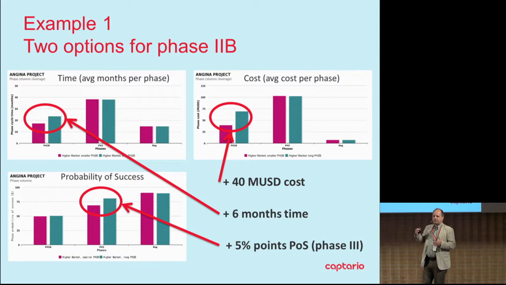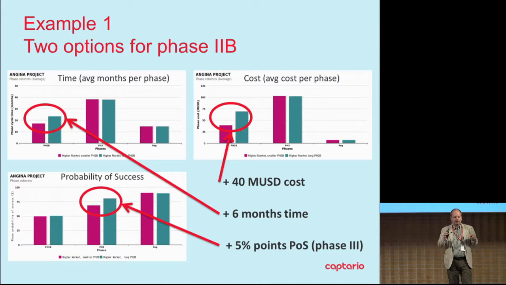In addition to a sort of a standard phase 2B setup, this project team has come up with an alternative. They see that they can put a bit more effort into the phase 2B studies, and through that, they can be better at designing the phase 3 trials and thereby increasing the probability of success there and the probability of launch.